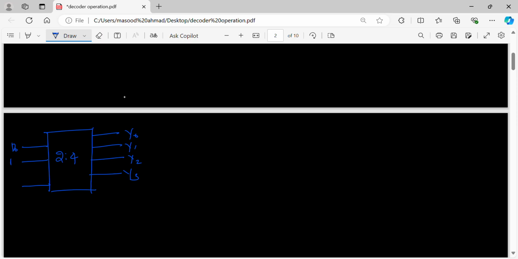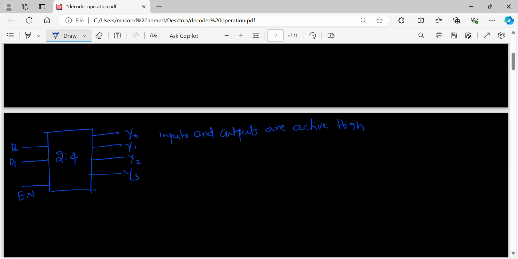Inputs are D0, D1, enable. Inputs are active high, outputs also active high. So inputs and outputs are active high.